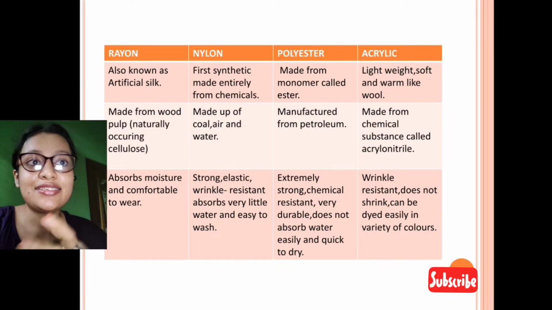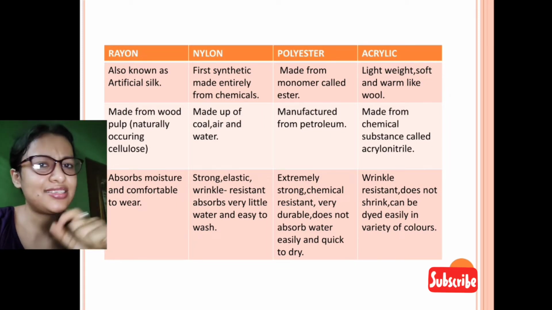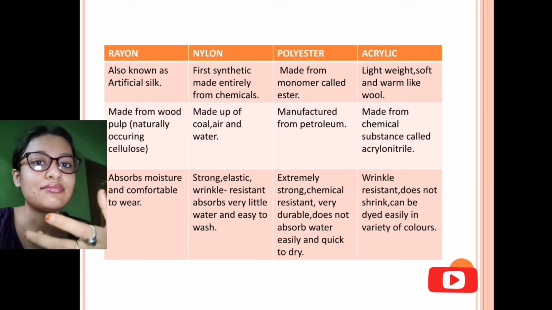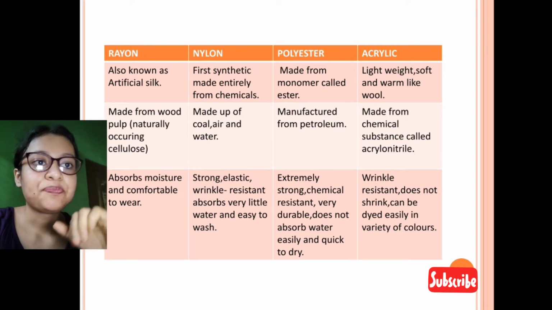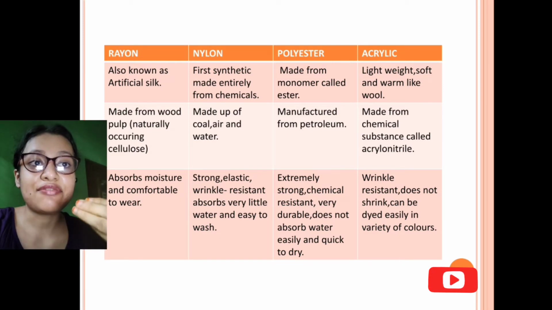Next is acrylic. Acrylic is lightweight and soft, and it is similar to wool. It is made from a chemical substance called acrylonitrile.